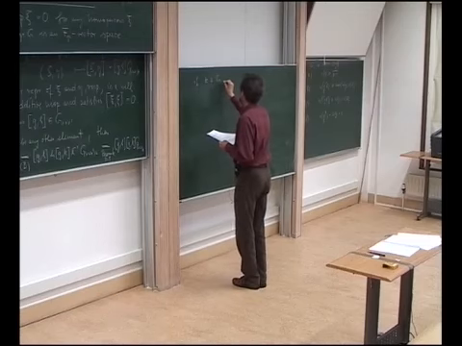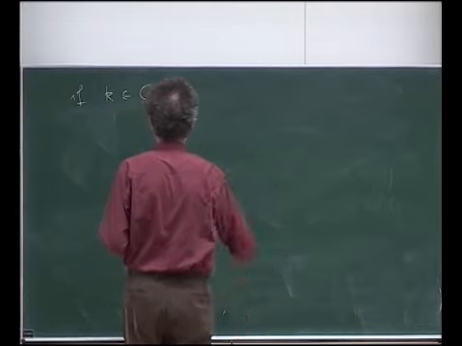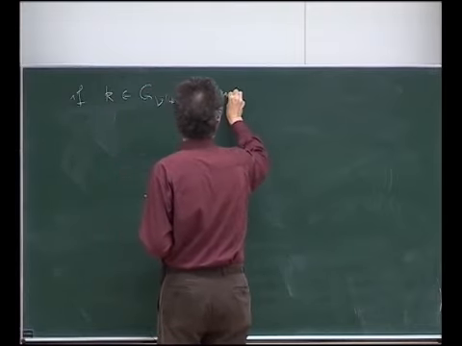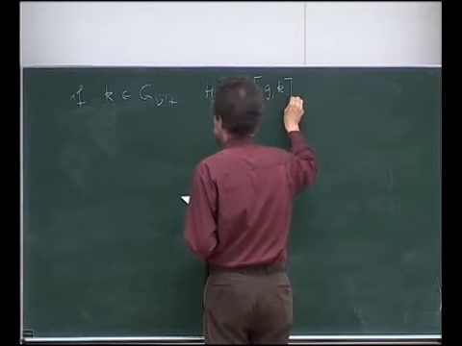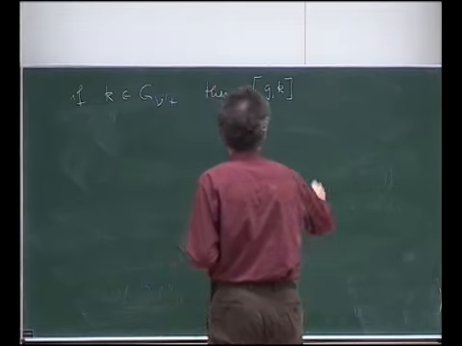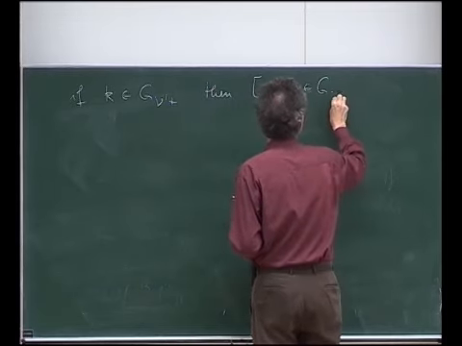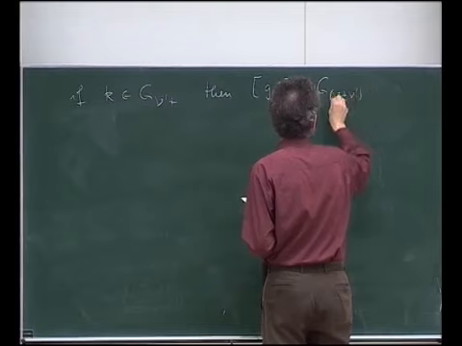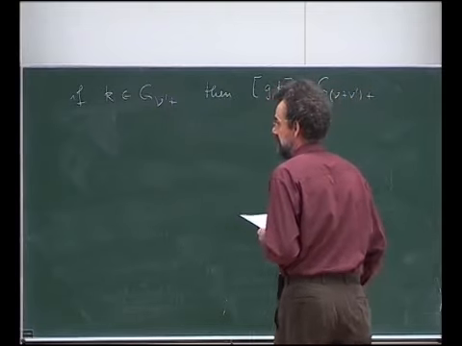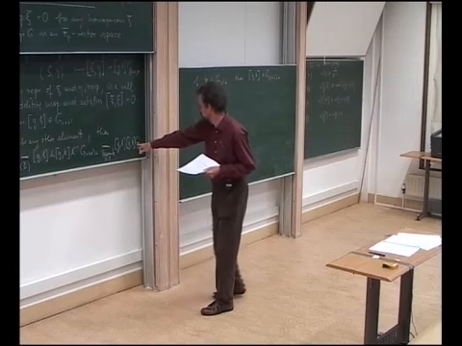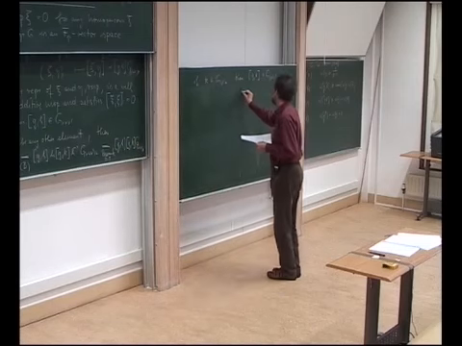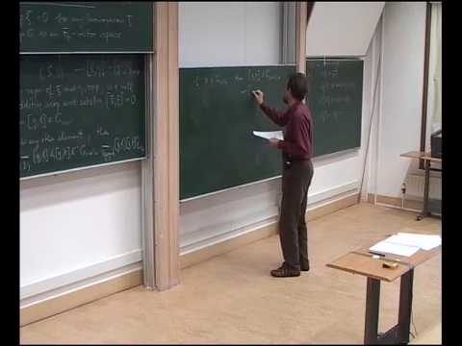Now, you see, if K is even in G mu prime plus, then G comma K is in G mu plus mu prime plus.